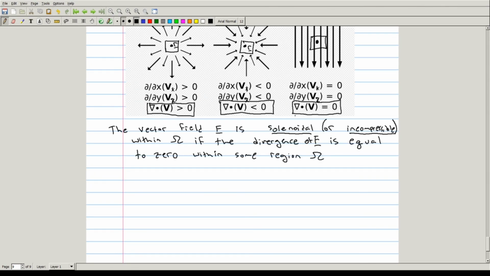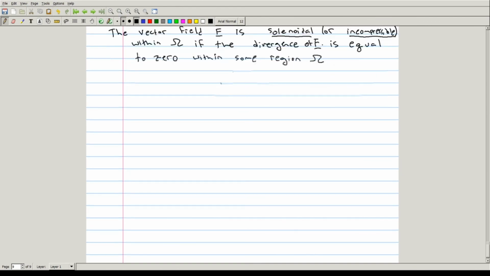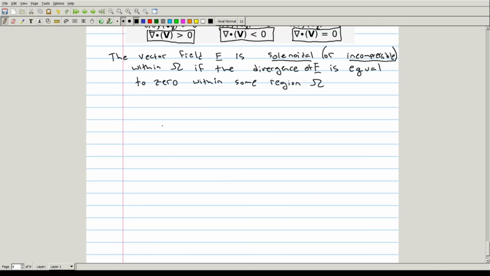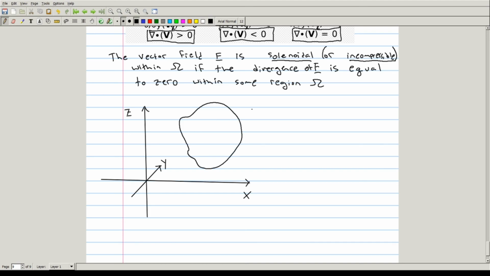Incompressible is a nice word here because the idea is that when the divergence is equal to 0, at any point, that means that point is neither a source nor a sink. So what that's telling you is the following: if you have some region in three-dimensional space, call this region Omega here.